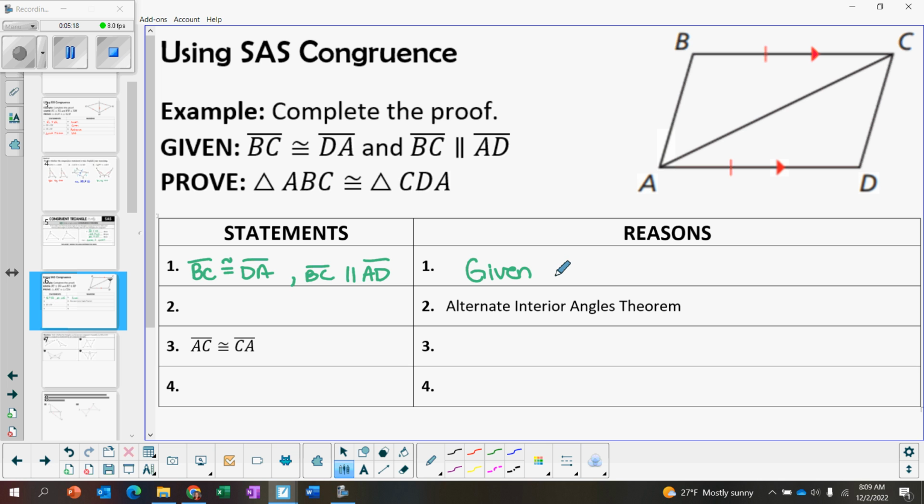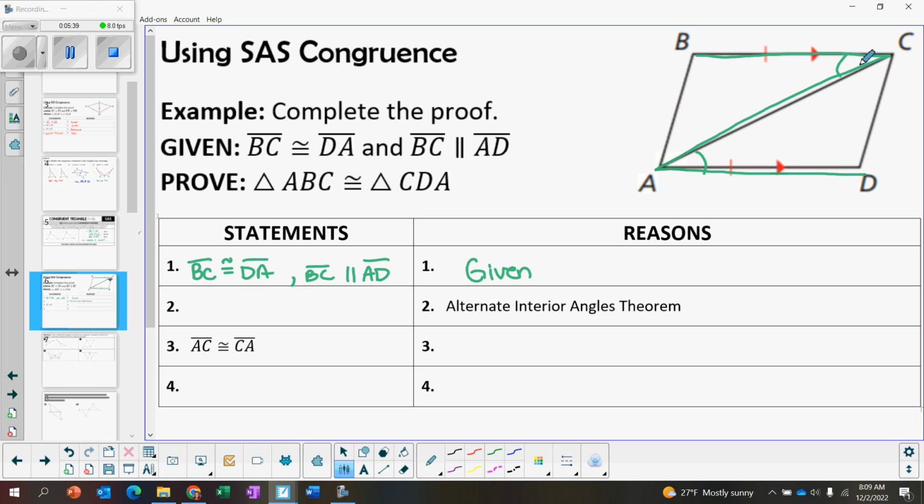And then whenever I have parallel lines, I should have a conclusion. I'm going to have all the interior angles here. So if I were to connect the parallel lines with a transversal, then I have alternate interior angles.